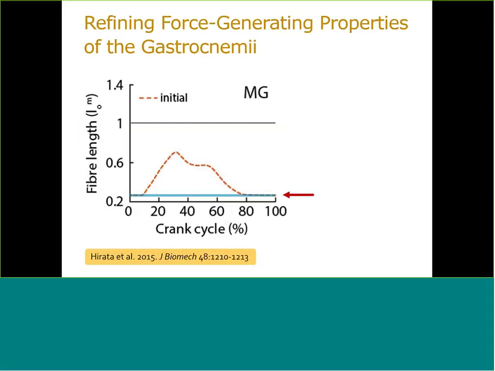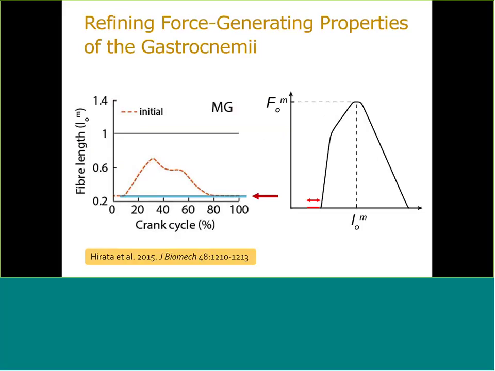From our initial simulations, we also noted that some muscles like the medial and lateral gastrocnemiae became too short to generate active force during portions of the cycle that involved substantial hip and knee flexion. Specifically, if you look at the active force length curve, these muscles were hitting the base of their ascending limb, which is not physiological. So we ended up modifying some of the force generating properties, attachment points, and wrapping surfaces of these muscles as needed to bring the muscle fibers to operate over a more reasonable range of the active force length curve.